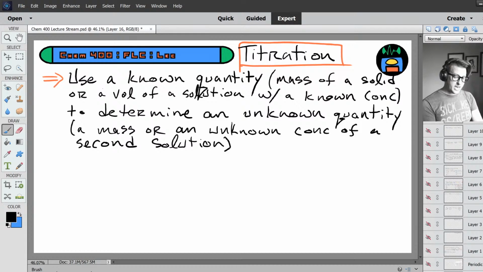All right, that is what a titration experiment is. You're taking some known quantity and you're using that known quantity to determine an unknown quantity.